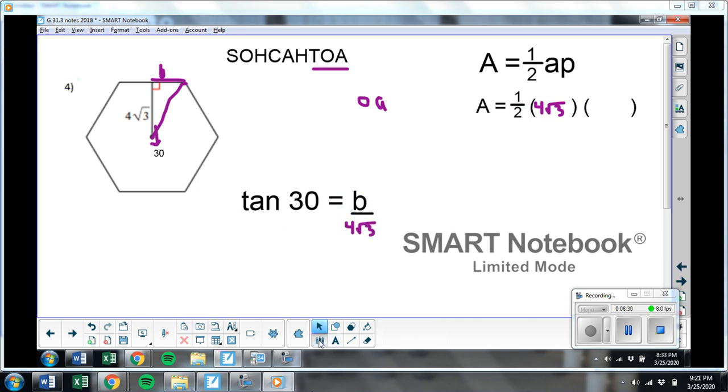Over adjacent, again, we've done this several times now, cross multiply and solve for your variable. Make sure you put parentheses after you type tan 30, parentheses, times 4 root 3. Do it carefully and check it.